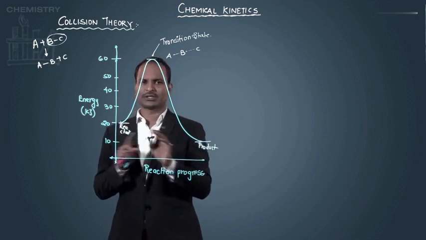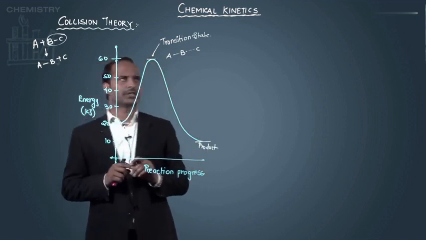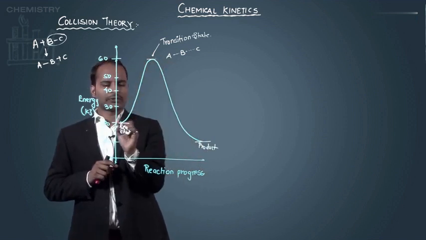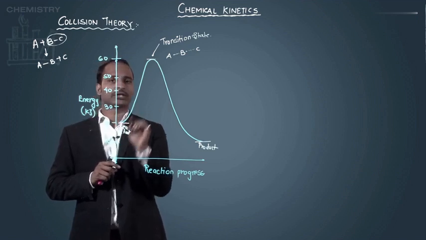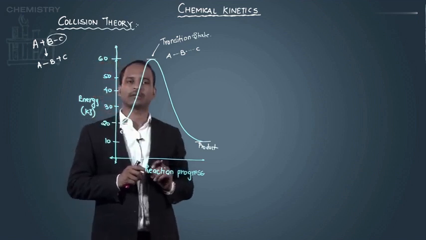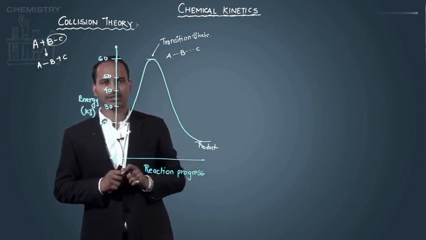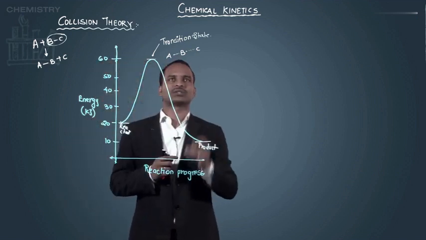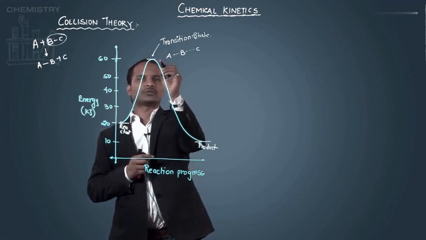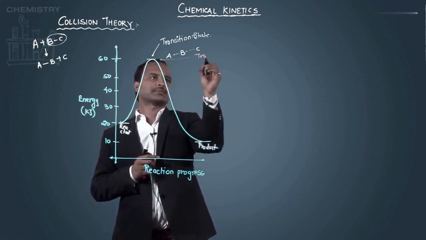We consider the average energy here. This is the transition state. So for a reactant molecule to get converted into a product, how much energy is needed? I will say they need this much energy, that is 60 kilojoule, to reach that transition state. And the energy of this transition state is called the transition energy.